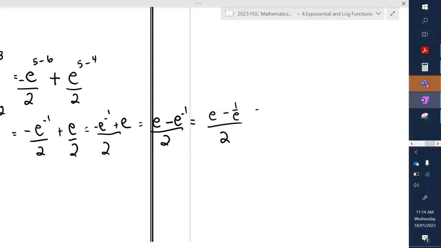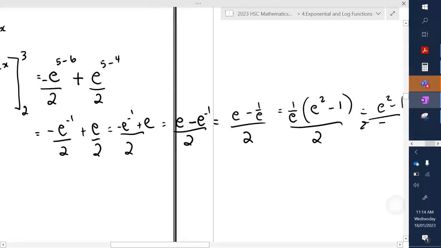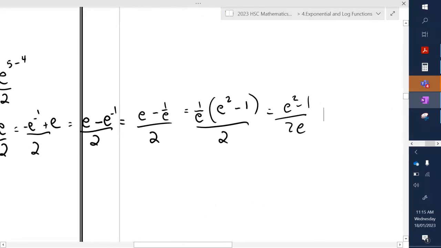I could pull out a 1 over e out the front, and that would leave me in there e squared, because 1 over e times e squared is e, minus 1 all over 2, which would give me e squared minus 1 over 2e. I could do that, which doesn't really help me, but my top line then would be a difference of 2 squares. So you can have e minus 1, e plus 1 all over 2e.